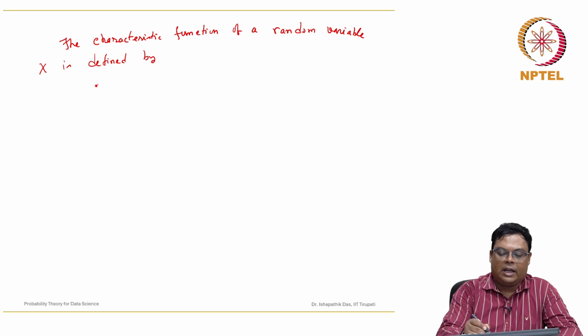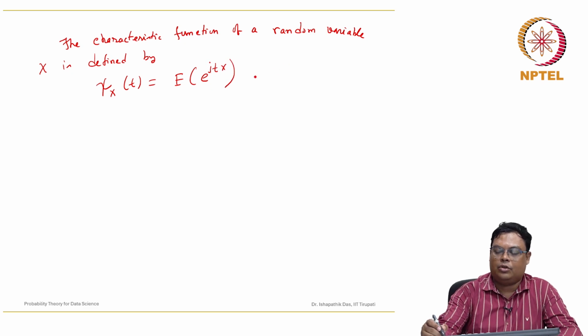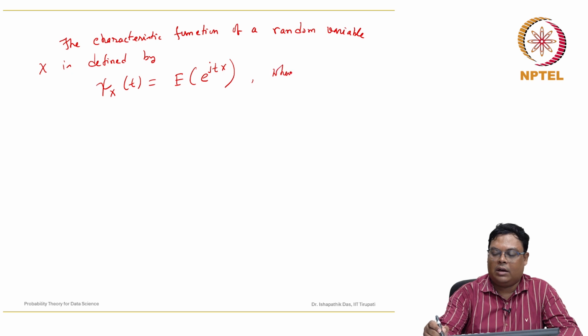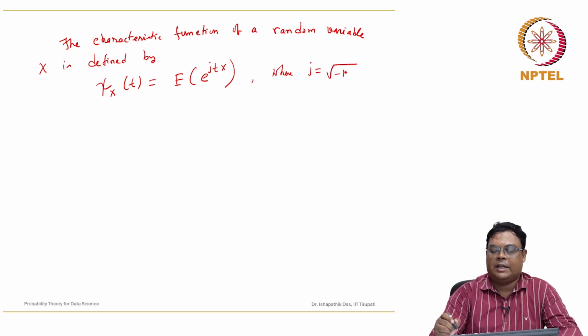It is denoted as psi X. For the moment generating function we define phi X; here psi_X(t) is the expected value of e to the power of jtX. Earlier it was tX, now it is just multiplied by j, where j is the complex number root over of minus 1.